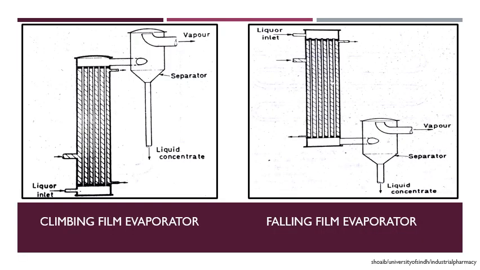The long tube evaporators have been classified into climbing film evaporators, falling film evaporators, and horizontal film evaporators. There are different functionalities and advantages of each. Firstly, we will discuss the working principle of the climbing film evaporators.